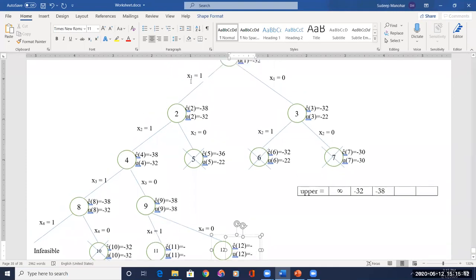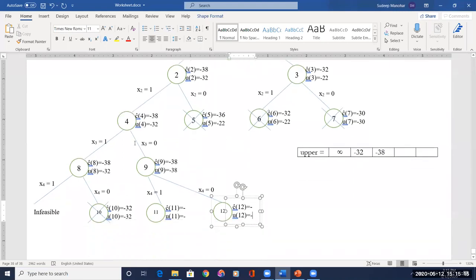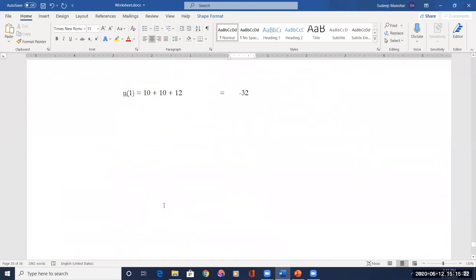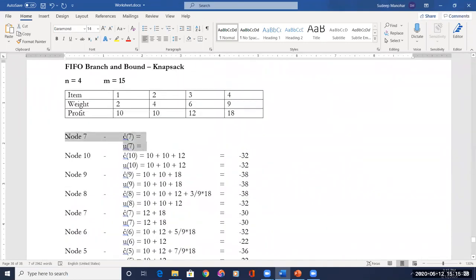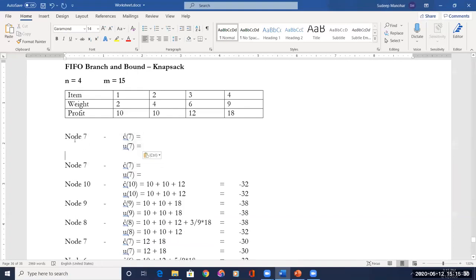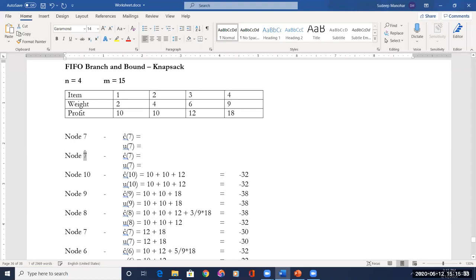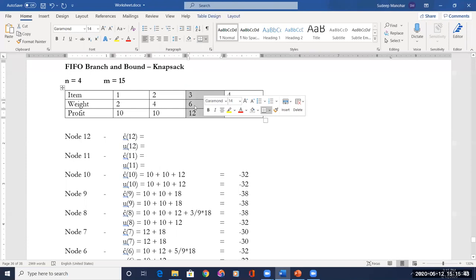What happens here? You have to consider x1, x2, x3 don't consider, x4 you consider. That means item number 3 you don't consider. If you don't consider item number 3, it is 2 plus 4 plus 9. 2 plus 4 is 6. 6 plus 9 is 15.